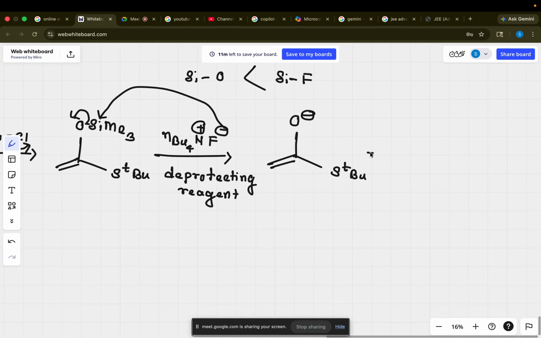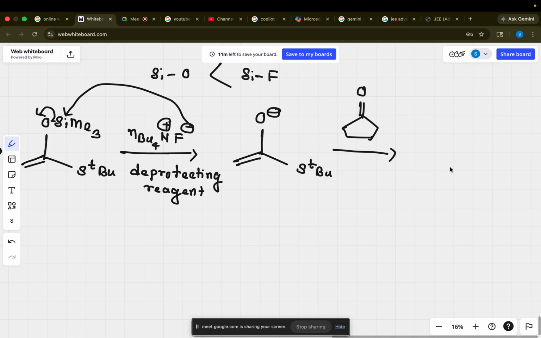Now suppose I have here cyclopentanone, this is a cyclopentanone. So what can happen? The double bond will attack the carbon. So O minus will push back its electron density. This double bond will attack on the carbonyl carbon. This bond will break. So what I am getting?